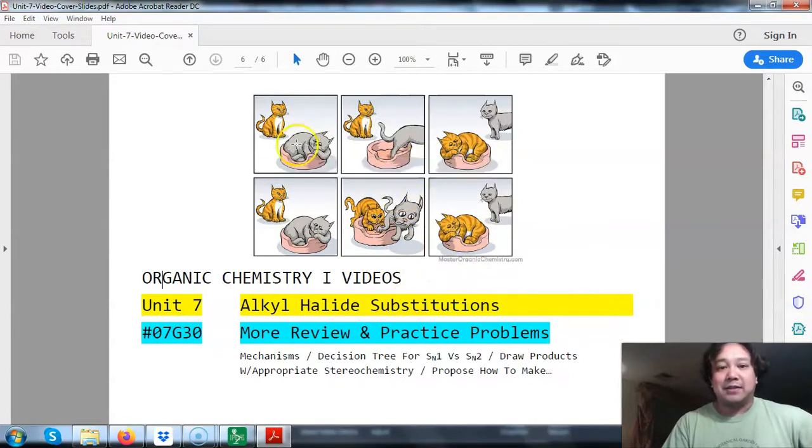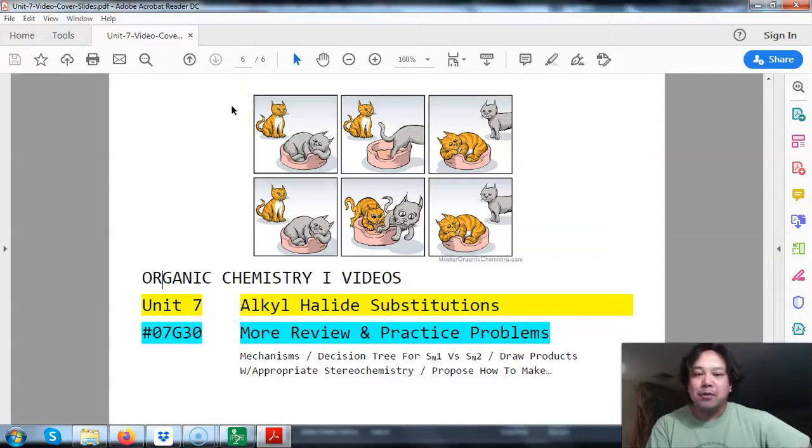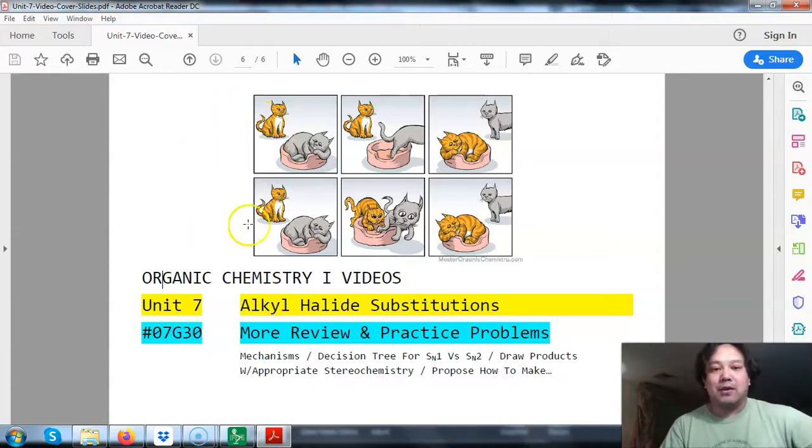Whereas SN1, the top row, the orange cat has to wait until the gray cat is compelled to leave. They form a carbocation, and then the orange cat moves in. So there are multiple steps to do an SN1, whereas SN2 almost always has just one step.